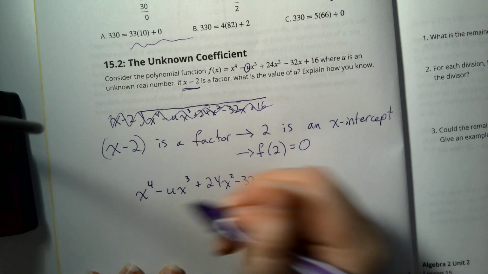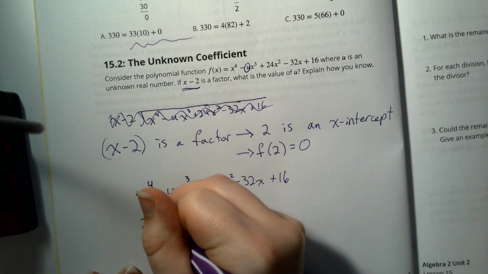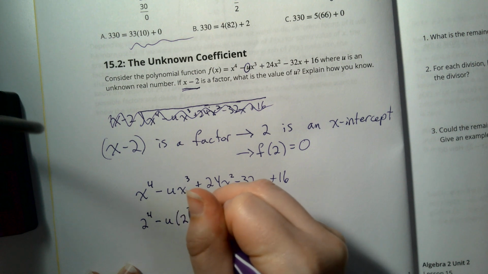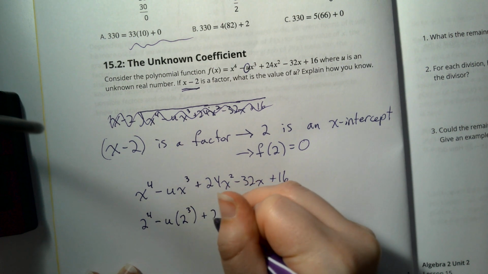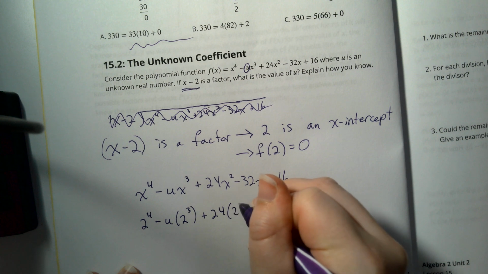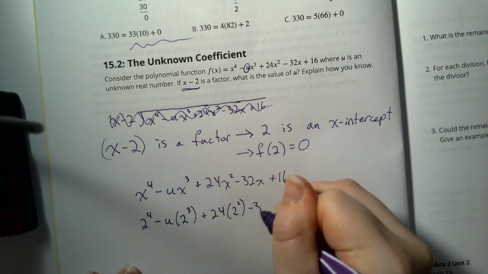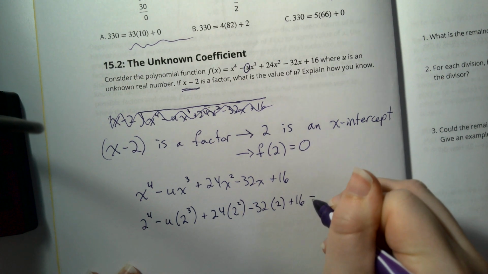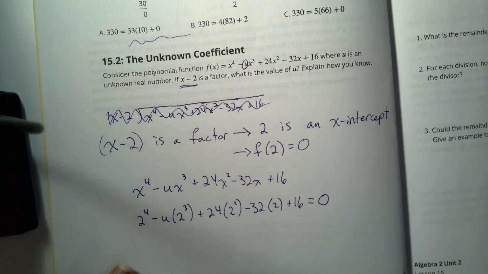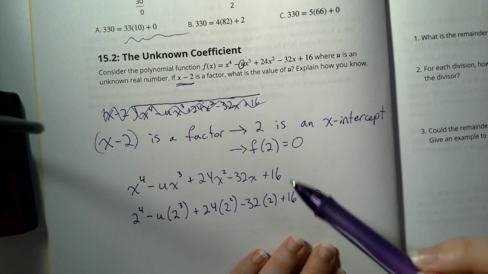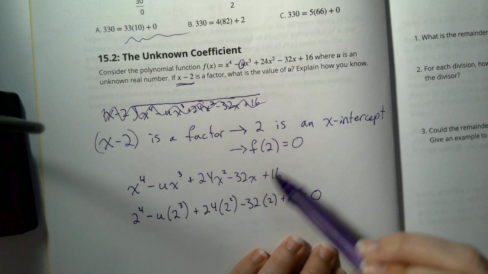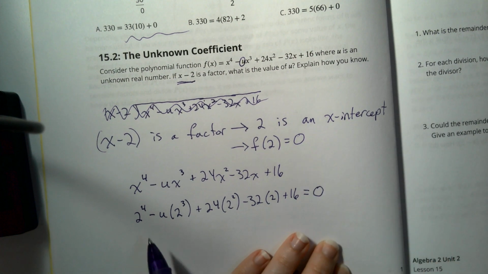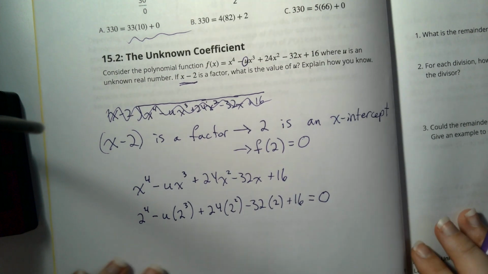So let's do that. 2 to the fourth minus u times 2 cubed plus 24 times 2 squared minus 32 times 2 plus 16. We know this has to equal 0. That's what f of 2 means. We just plug in 2 for all the x's.